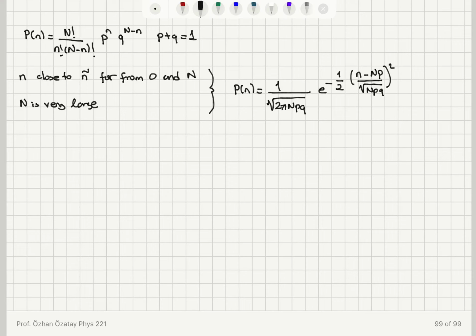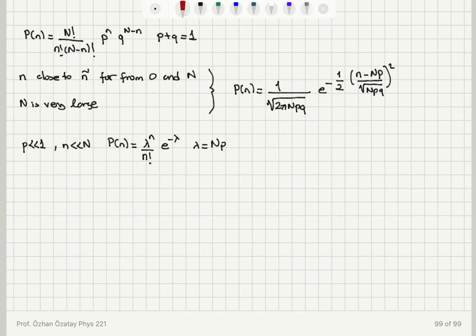And in the limit p is much less than 1 and n is much less than capital N, the binomial distribution can be approximated to be lambda to the n over n factorial, e to the minus lambda, where lambda is capital NP, the Poisson distribution.